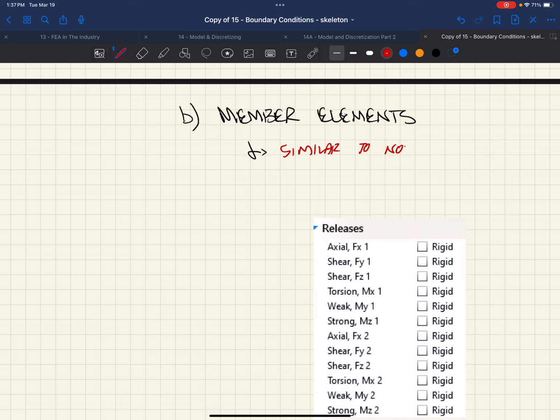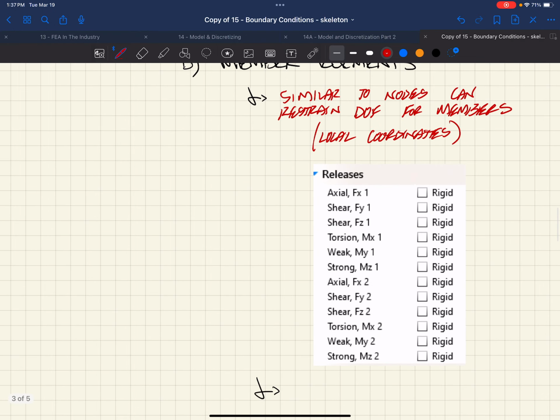And these are at the local coordinate level. All right? So we can see all these lowercase values here, right, relative to coordinates.